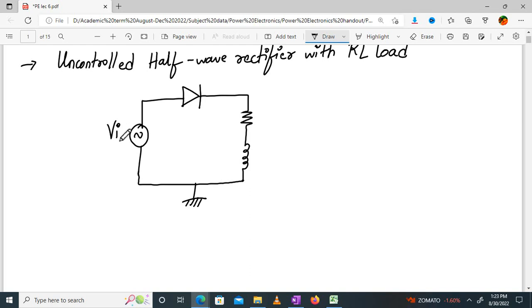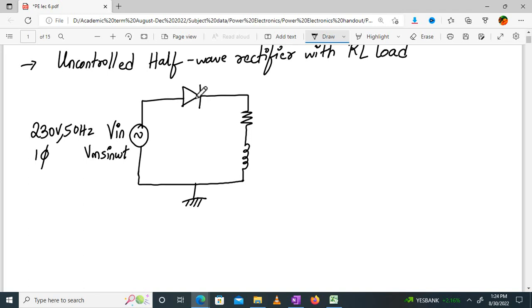This is my Vin, which we can also call Vm sine omega t. This Vm is the peak voltage. But once I write over here 230 volts, 50 hertz, what does that mean? It's an RMS voltage. Are you getting it? And it's a single phase supply.